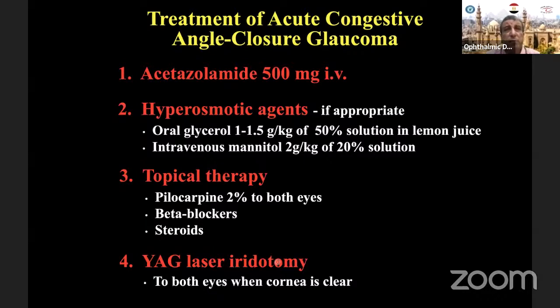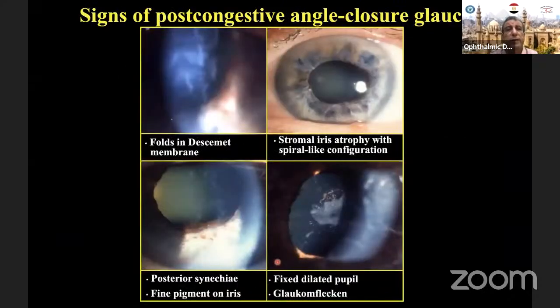Here, it is very important to remember that it is completely prohibited to give mydriatics, especially cycloplegic agents like atropine, cyclopentolate, and mydriacyl. Okay, in the post-congestive angle closure, you are seeing a patient with folds in the Descemet's membrane here, and there is a rise in the intraocular pressure and stromal iris atrophy because of repeated attacks of angle closure and the inflammatory process accompanying this situation, and the posterior synechiae.